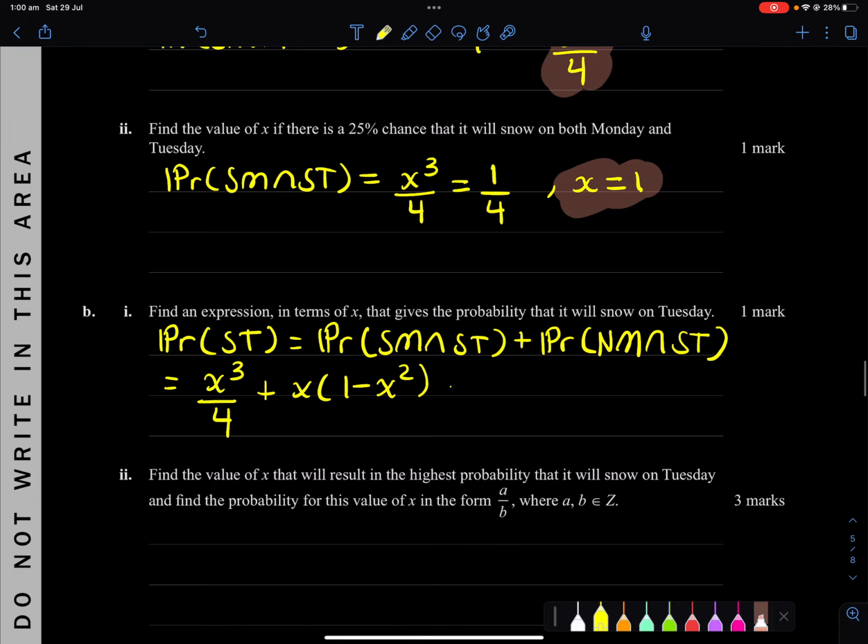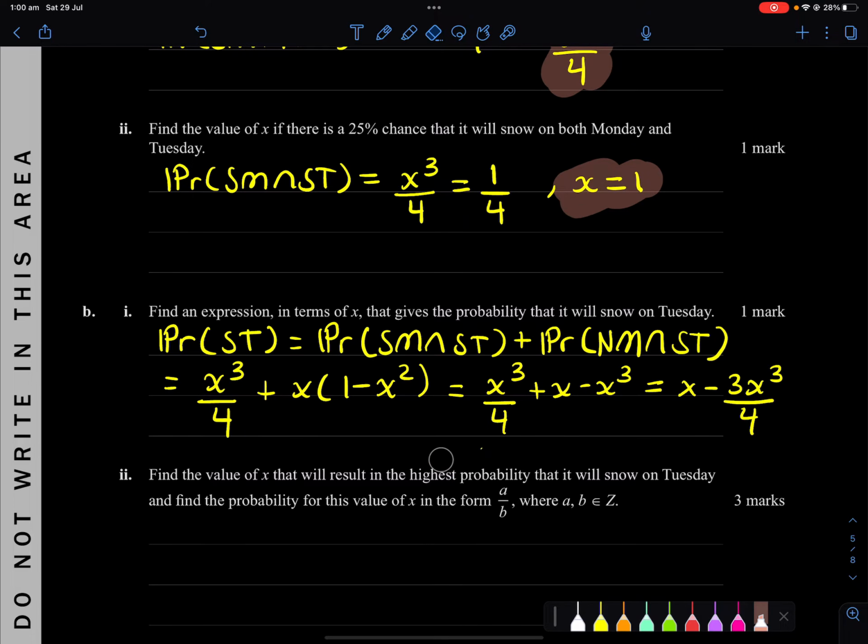Now solving this, it will be x cubed over 4 plus x minus x cubed, which equals, so we're saying 1 over 4 minus 1, negative 3 over 4. So we have x minus 3x cubed over 4.